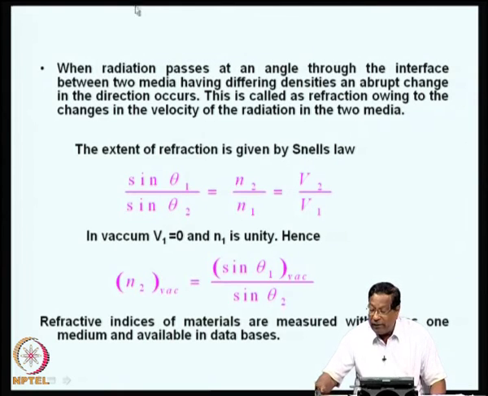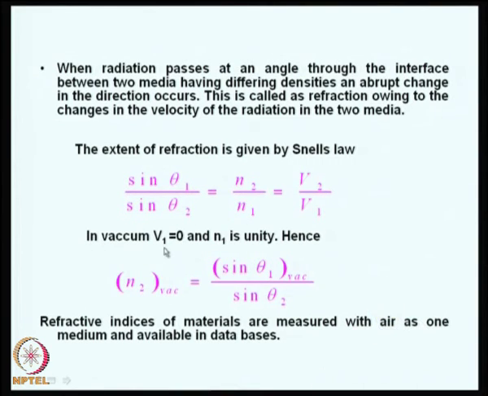Now, all these things are college physics and chemistry, so I am not going into details, but you can look up the college physics textbooks which will explain these phenomena in more detail. For example, in vacuum velocity V1 is equal to c and n1 is unity. So, you can write n2 is equal to sin theta 1 divided by sin theta 2.